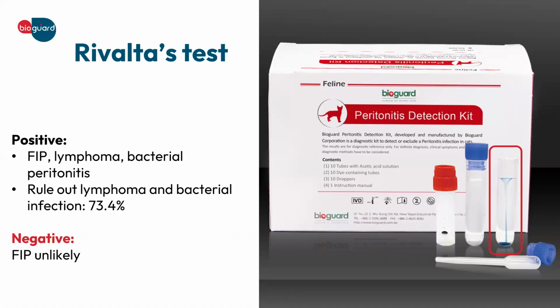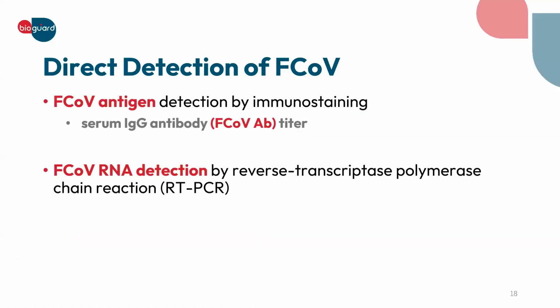It's another thing then: this kind of fluid formation or abdominal inflammation could be because of other diseases or other problems in the cat. If the Rivalta test is negative but the symptoms are still there, it can be a sign that you need to do further testing for other infectious diseases.